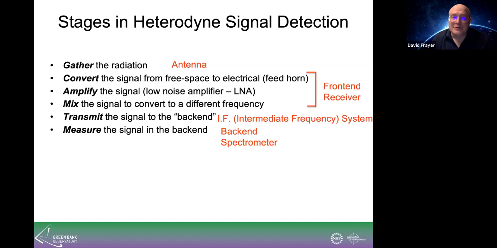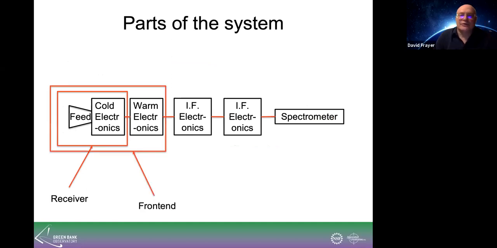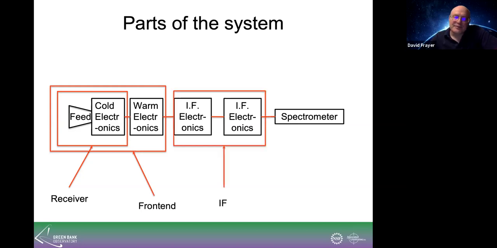It's a lower frequency typically when you're observing a higher frequency, and that enables us to transmit over the IF back to what we call the back end, which is the spectrometer. So in terms of the terminology, the front end is the receiver, and the cold part's there, and you usually have the warm electronics, and then you have an IF system.